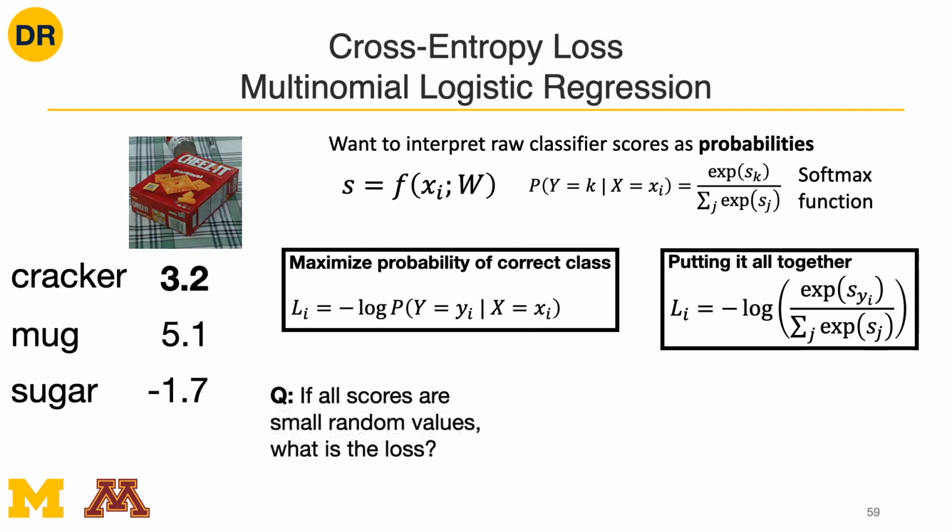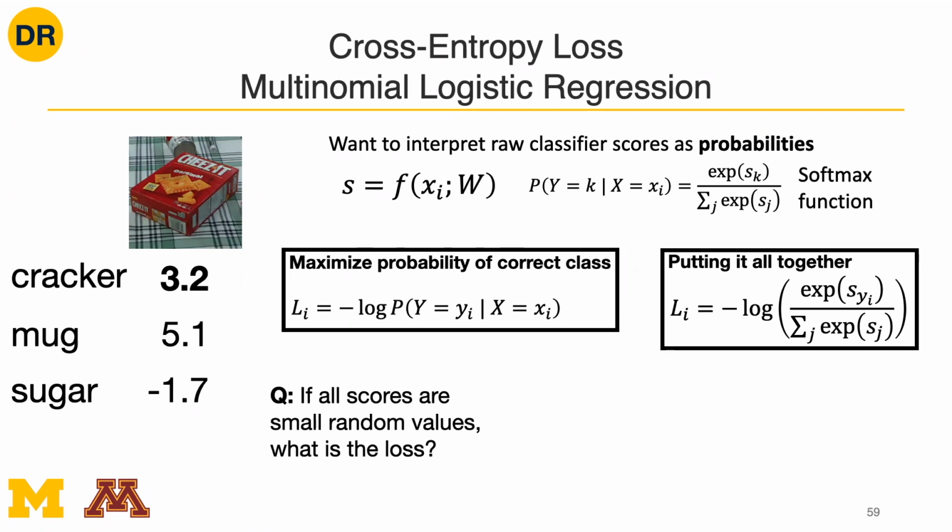Let's say all the scores are random values. This is good to know, by the way, when you're trying to train a neural network, because you want to know what's happening so you can debug your network. So if all the scores are random, small values, what do you think would be the loss? Let's say we have 10 classes.